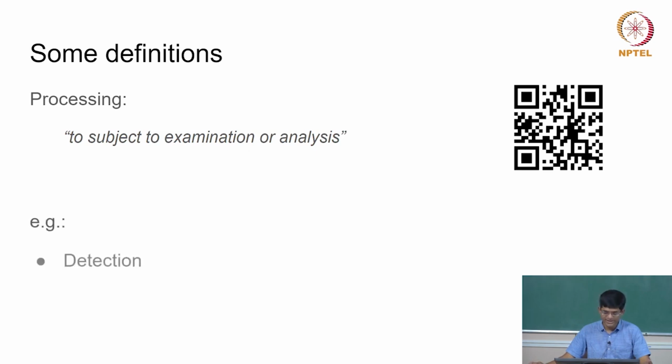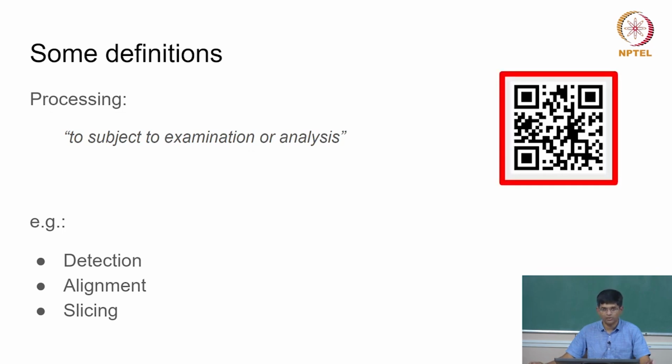So, in this case, the first step that we would need to do in order to process this QR code would be to detect it, after which we would need to align it so that we can then start looking at the specific bits, and finally slicing. What I mean by slicing is detecting whether something is white or black and deciding whether it's a 1 or a 0. Detection would essentially mean finding out the bounding box, the boundary of this QR code.